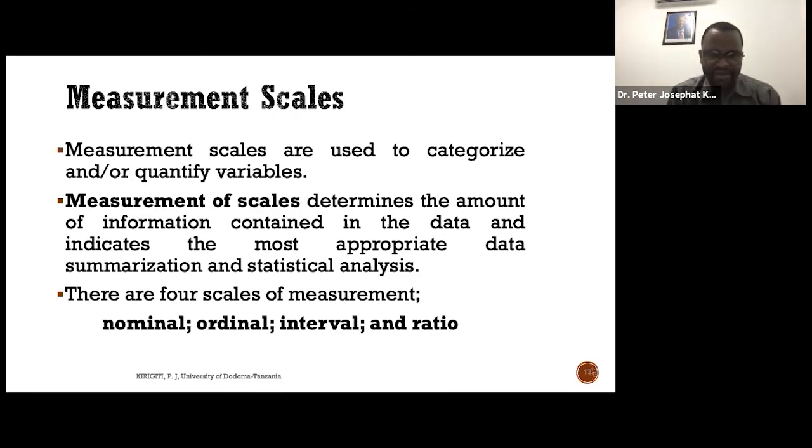It is very important to be aware of the measurement of scale because this determines the amount of information contained in the data, and it will direct you to the appropriate test statistics to be used.